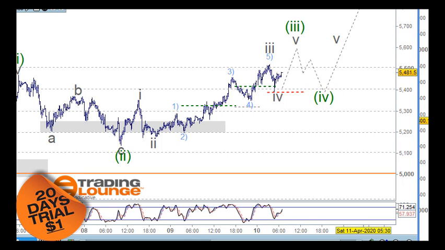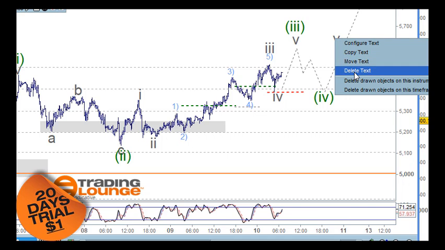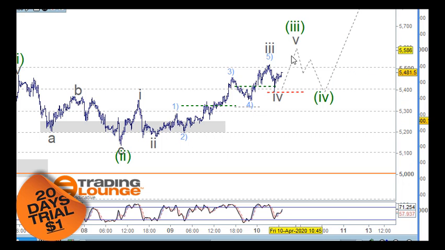So being the holidays and all that sort of stuff as well, I would kind of look to close this out on new highs above here, or at least keep a bit of a tighter stop through all of that there.